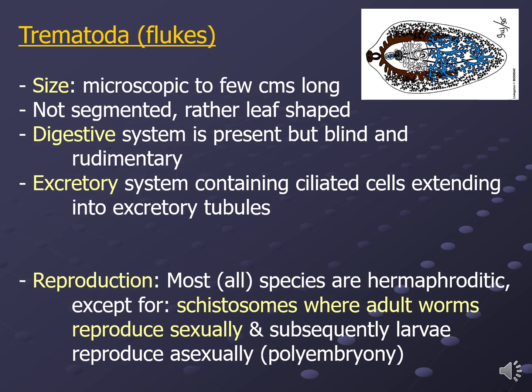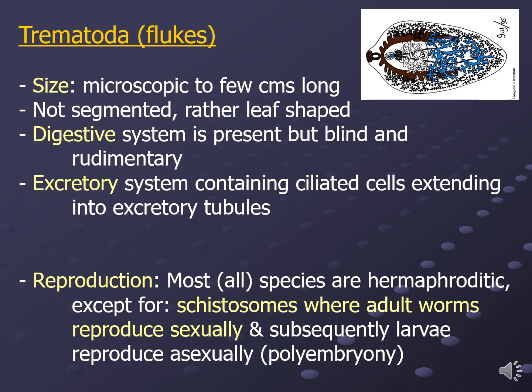You see, the tapeworms did not have a digestive system. Here, the flukes do have a digestive system, but it is blind, and it is colored in brown in this schematic drawing. And you notice that it has a mouth opening, but there is no opening at the end, so it doesn't have an anus. Hence, it's a blind digestive system.